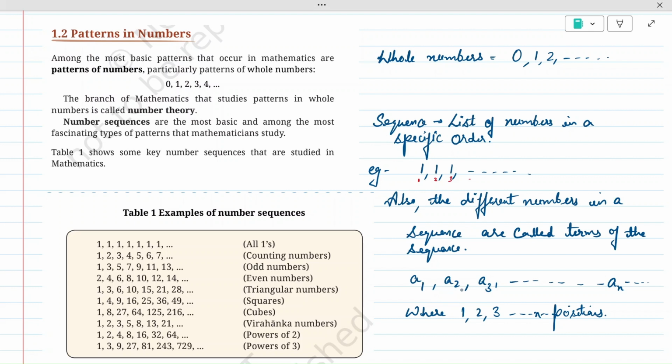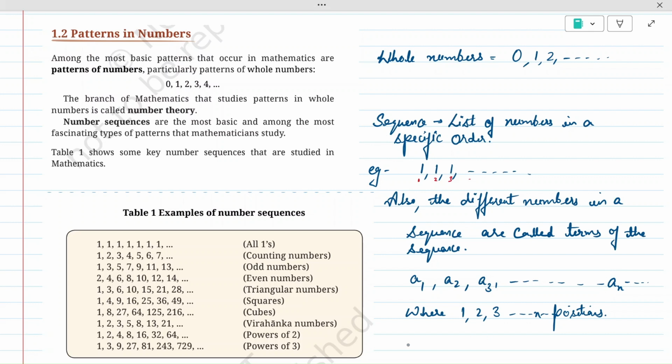Then A2 is the next term, present at position 2. Then at the third position, this term is present. Similarly, it goes on. I can take any random number; I have taken n here, and what I am saying is that at this nth position, this particular term exists.